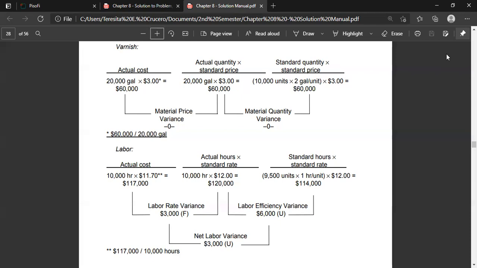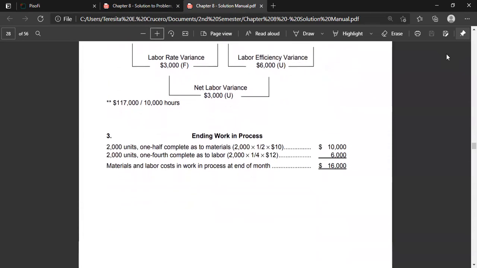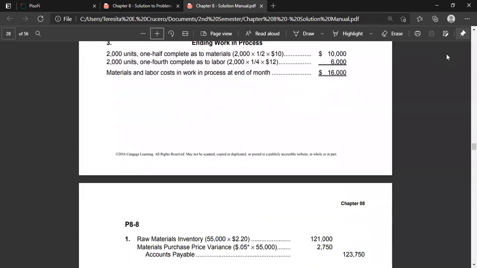Then for the labor efficiency variance, it's unfavorable because our actual hour is greater than the standard hour. So again, we get the net labor variance equal to 3,000. It's unfavorable because 6,000 is greater and it's unfavorable.